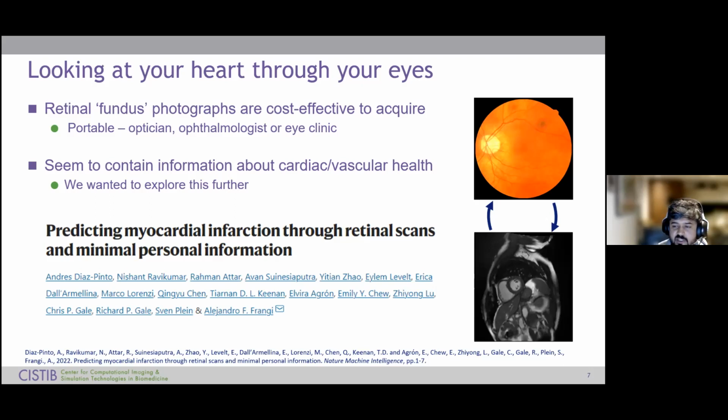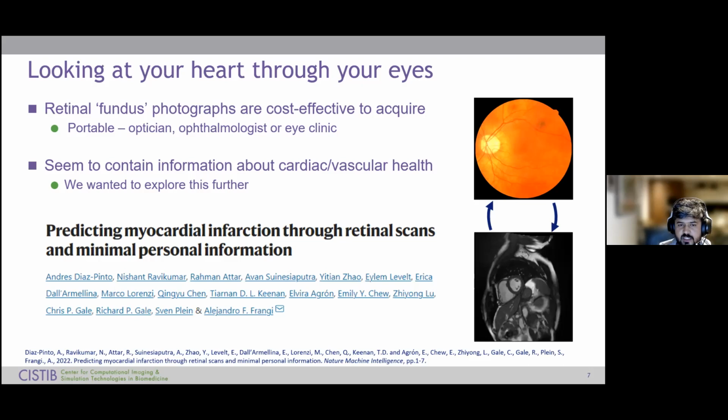The key difference in what we tried to do relative to what has been done before was to see whether we can learn some common representation, not just using retinal images and patient data, but combining patient metadata such as their age, gender, their blood pressure, cholesterol, all of your standard clinical measurements with retinal images and their corresponding cardiac MRIs.